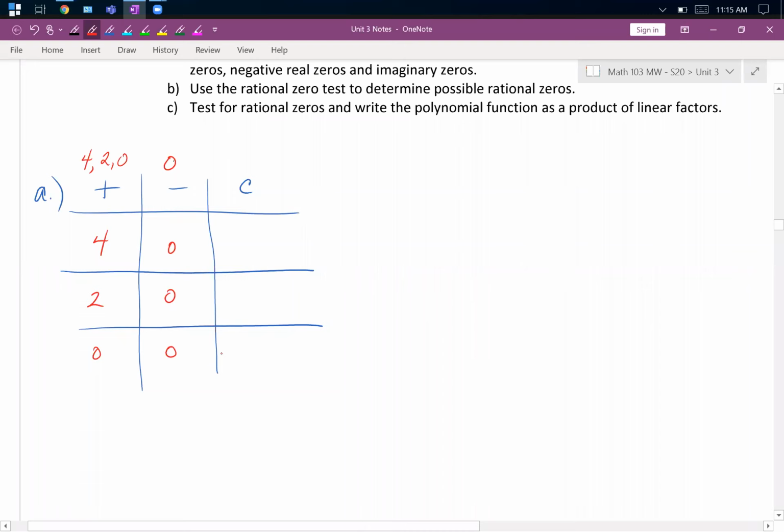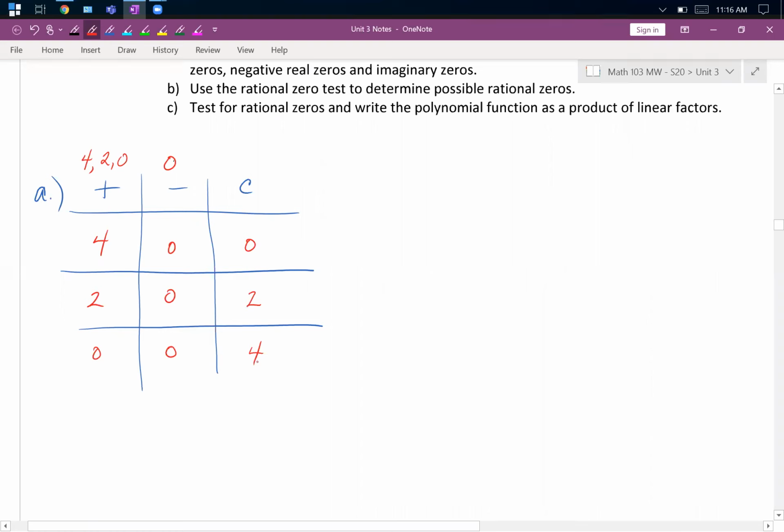So I need to make sure each row adds across to be 4. First row would be a 0, second row would be a 2, last row would be a 4.